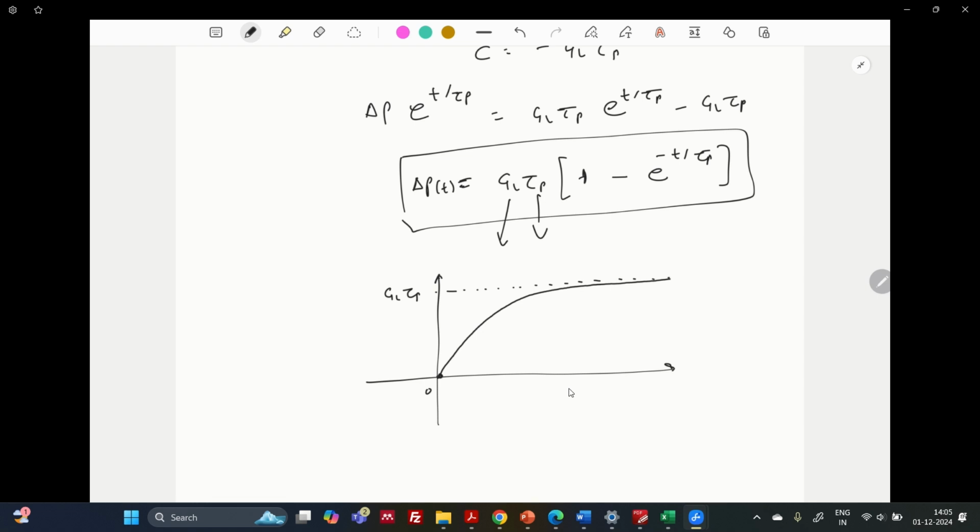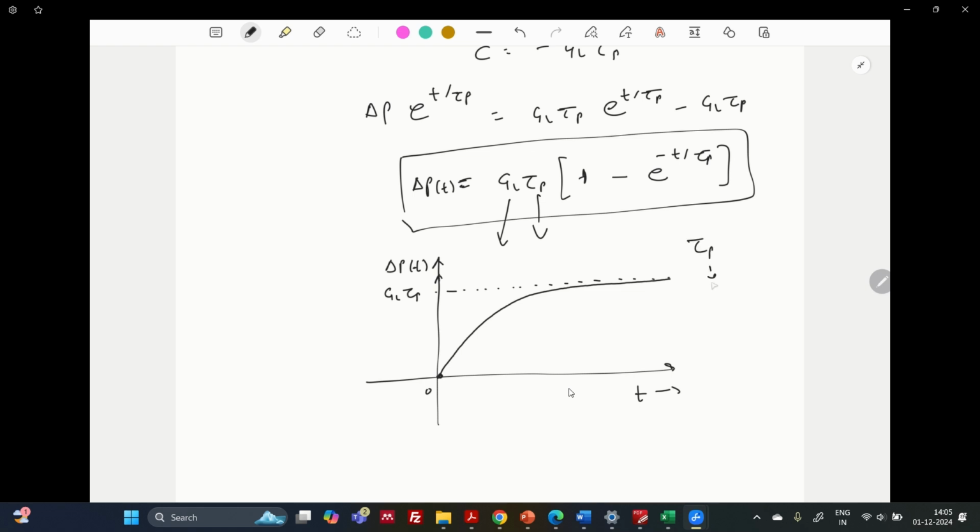Okay, that's how delta p as a function of time is going to vary. So as you shine the light, the excess carrier concentration will start to build, and then it will become constant after a long period of time. So this tau p is acting like a time constant.